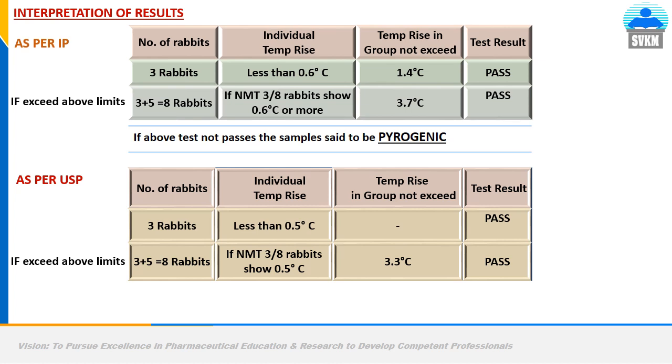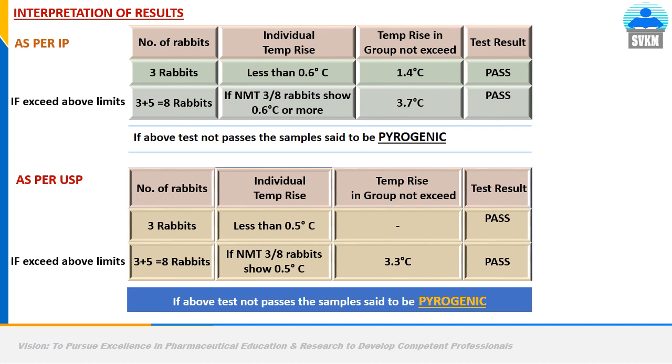Among these 8 rabbits, not more than 3 out of 8 should show an individual rise in temperature beyond 0.5 degrees Celsius, and the temperature rise in the group should not exceed 3.3 degrees Celsius. If these criteria are followed, then the sample is non-pyrogenic and the test passes. But if the above limits are exceeded, then the samples are said to be pyrogenic.